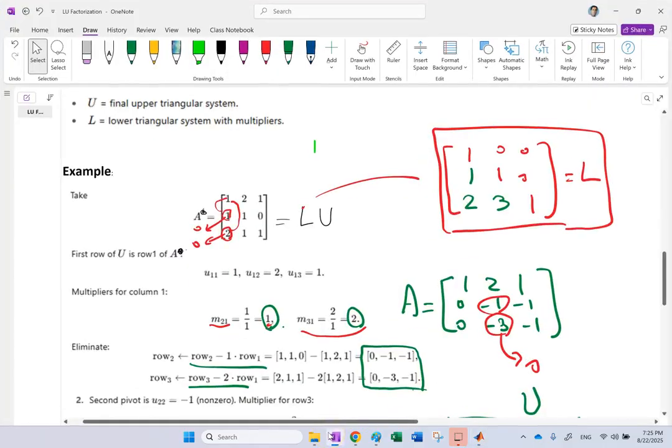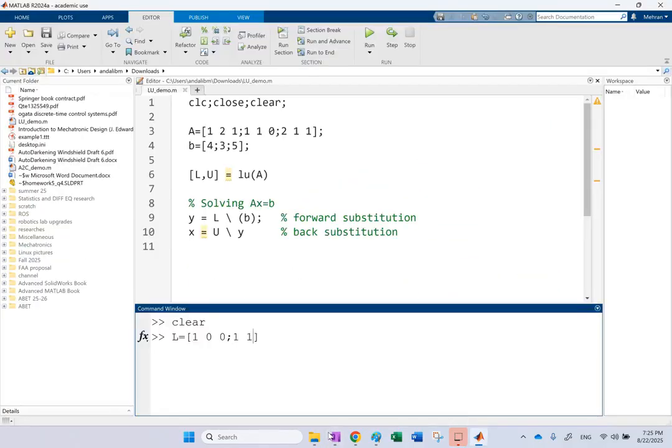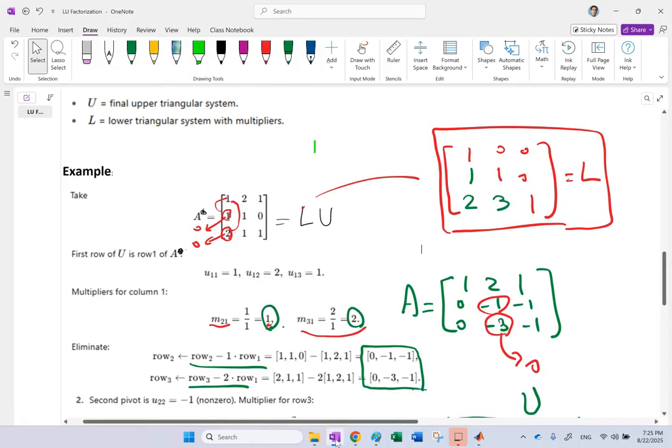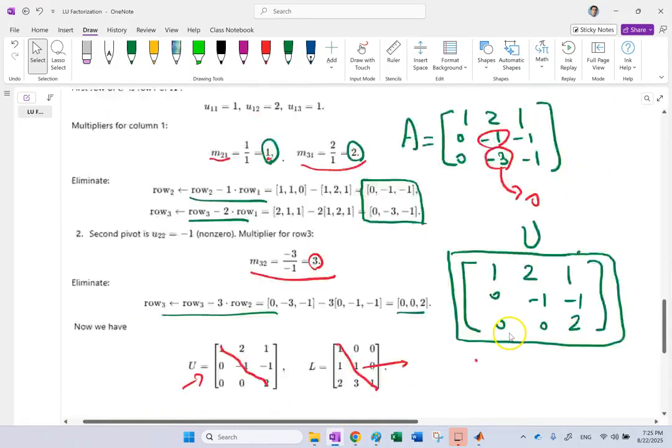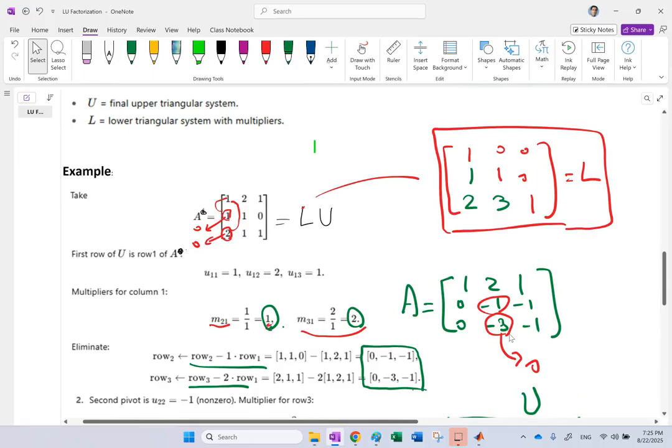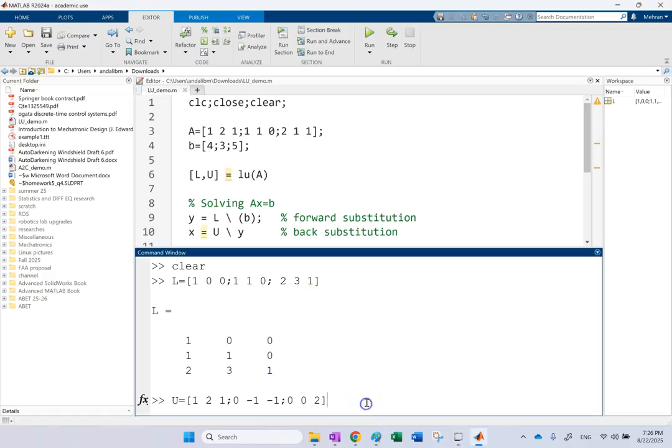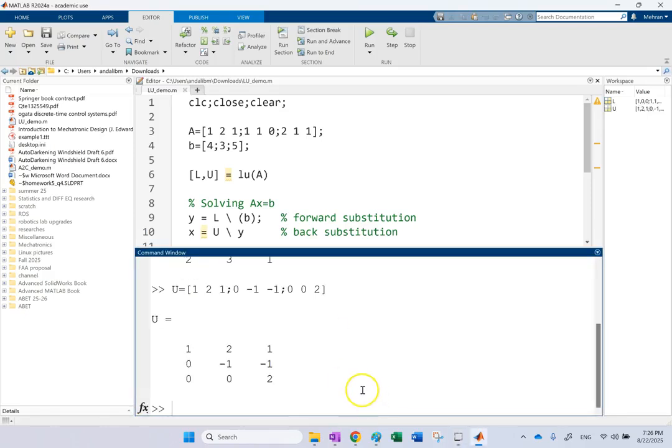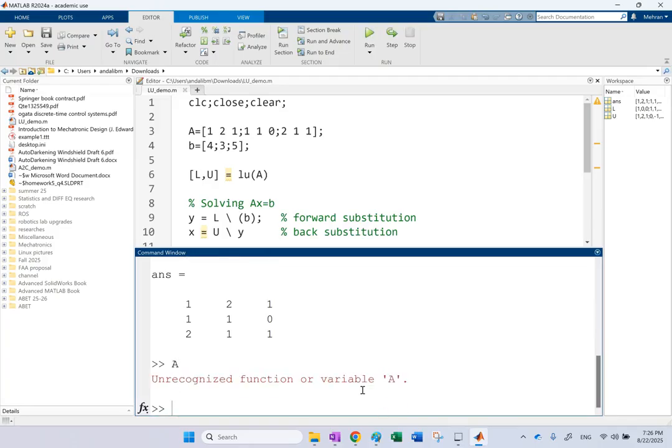So I'm going to type it in. Good. So that is your L I type. This is your U, okay? And now if I say L times U, look, this is it, and this is your A.